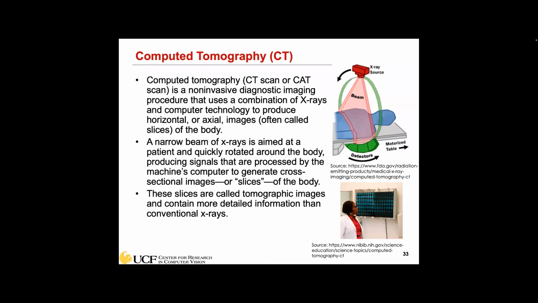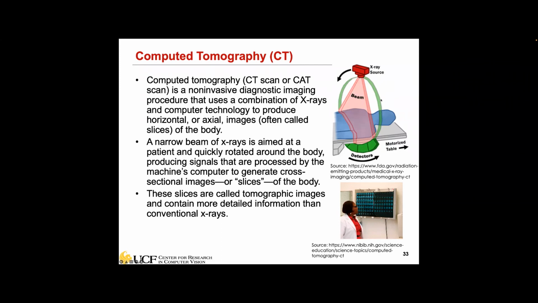To achieve that, a narrow beam of X-ray is aimed at a patient and quickly rotates around the body. You'll see on the figure the CT scanner is like a donut, right? A circle, and you go through this CT scanning machine.